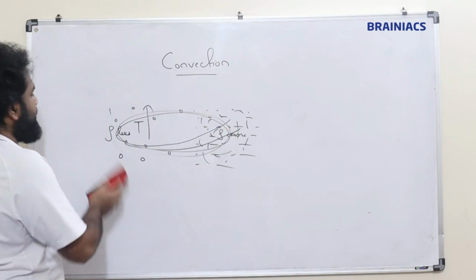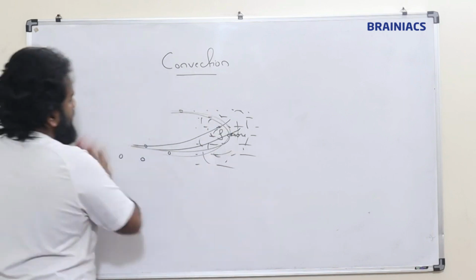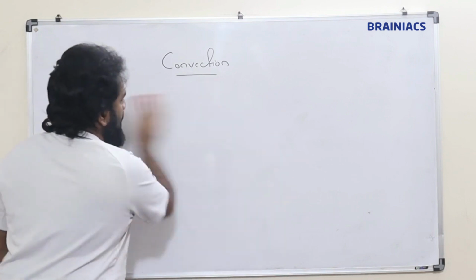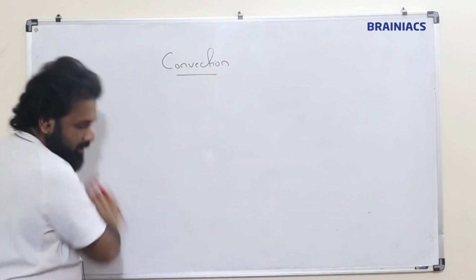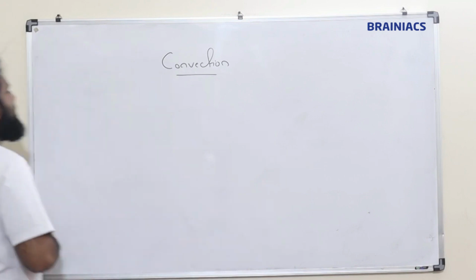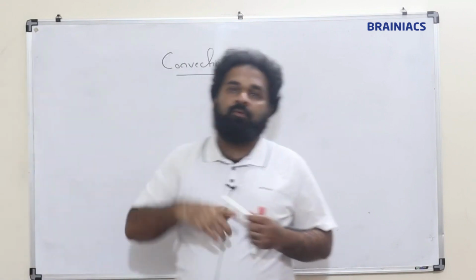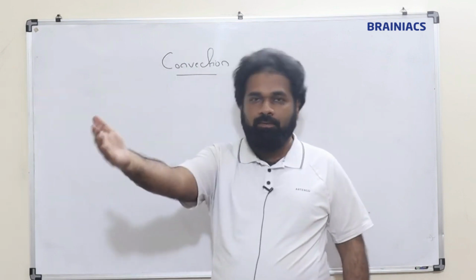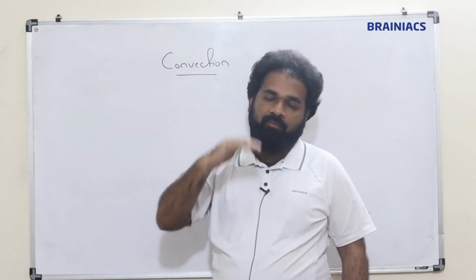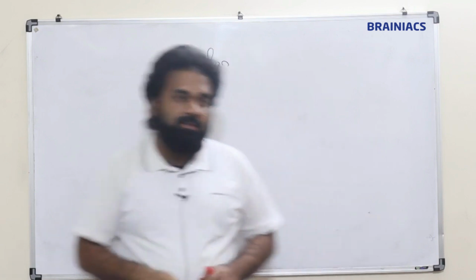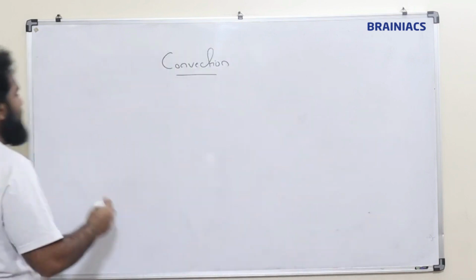I will give you a few. One example is the wind from seaside towards the land and the wind from land towards the sea. This is an example of convection.